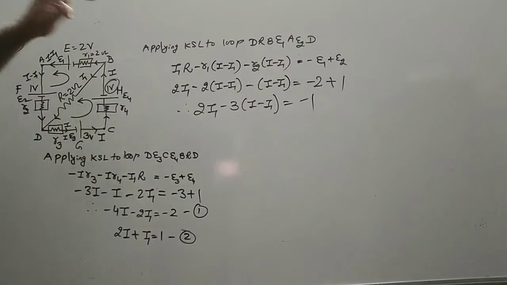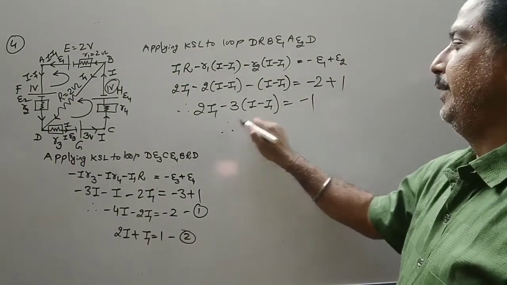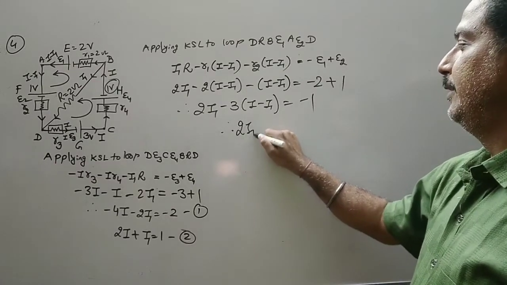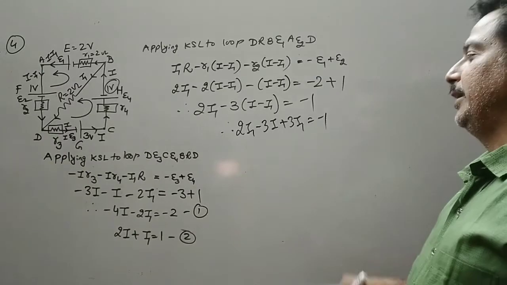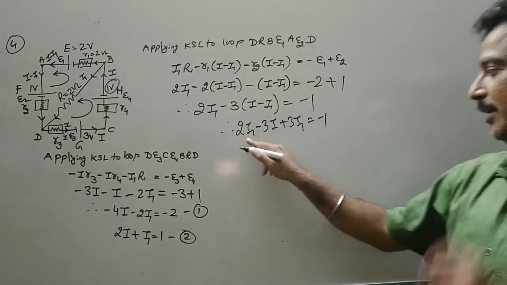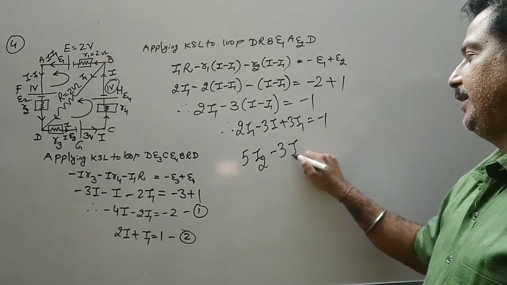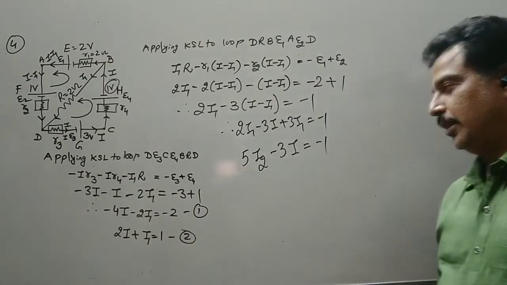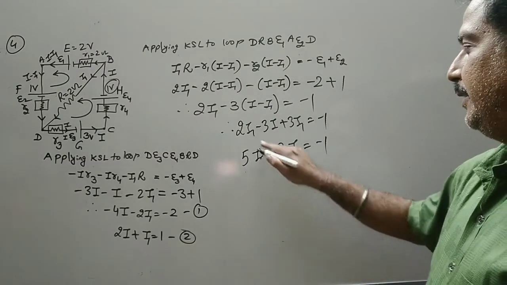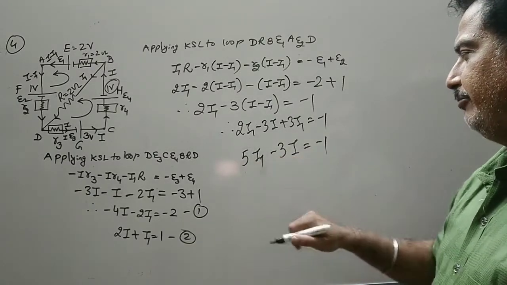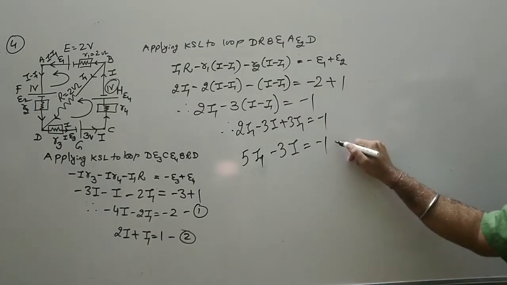So we have a mathematical calculation only. Therefore 2I1 minus 3I plus 3I1 is equal to minus 1. Sorry, this is 5I1 minus 3I is equal to minus 1.